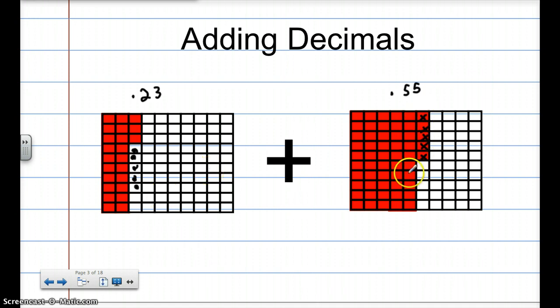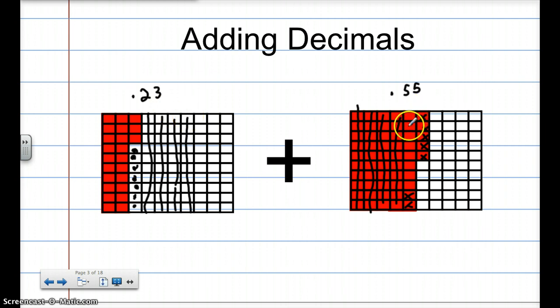I still have 2 more spots, so I'm going to mark off 2 from here and make this tenth whole. Now that I have a whole tenth, I'm going to start taking from here. Take this one, move it over here. This one, move it over here.